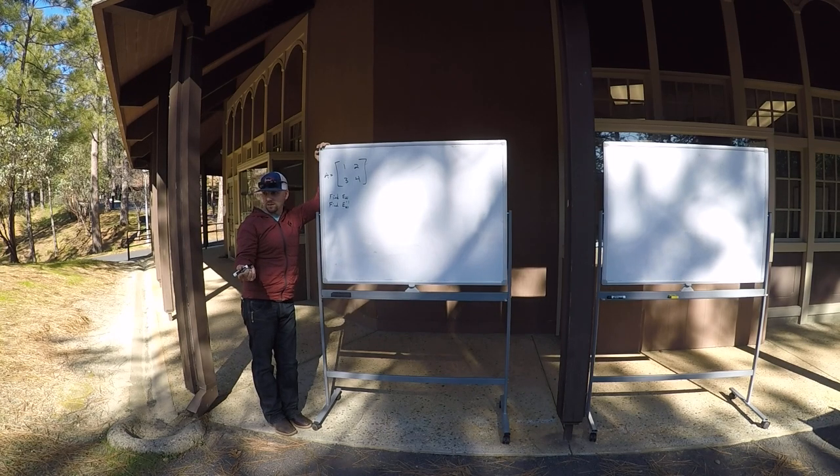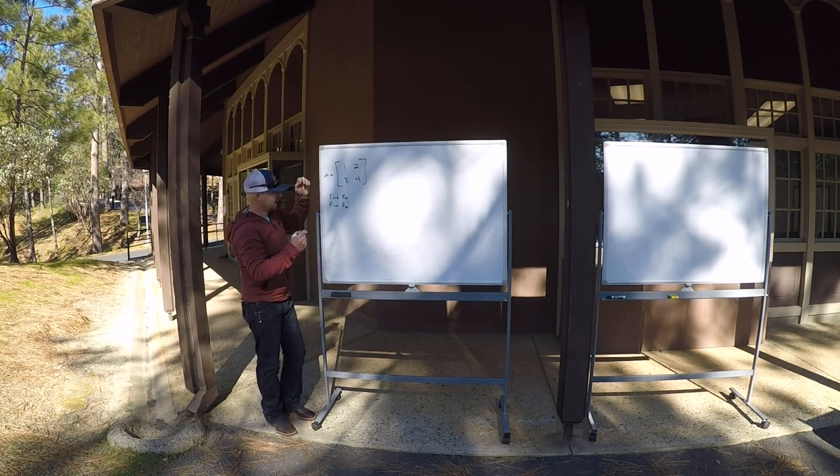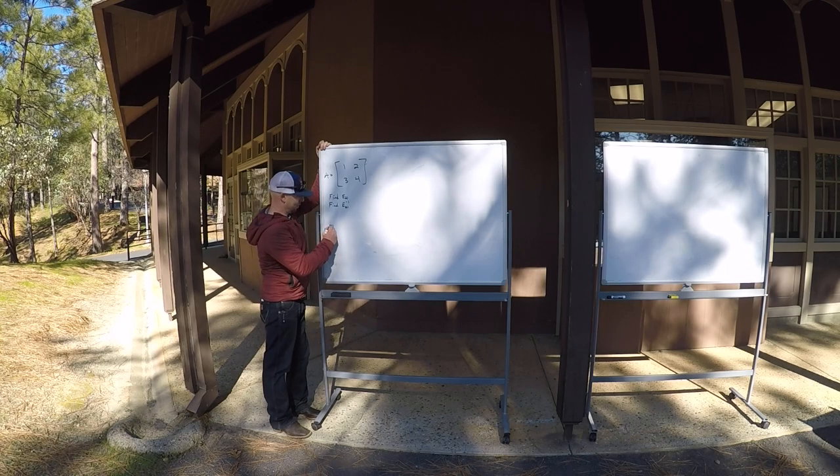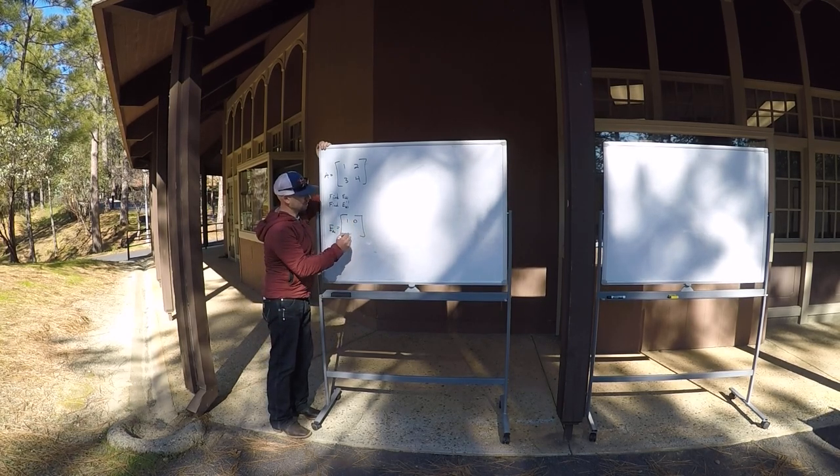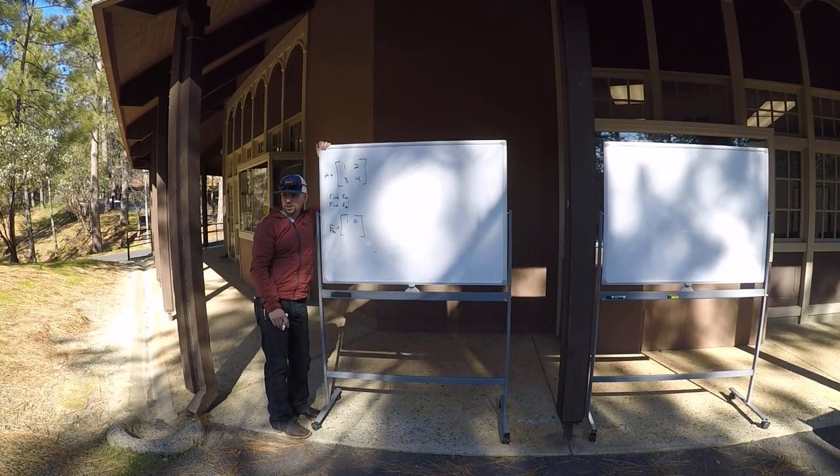Is everyone with that? Okay, so the way that E21 matrix is going to operate, what's it going to do to the first row? Nothing, right? I should leave the first row alone. So I'm going to put a 1, 0 in the first row of the E21 matrix. That's going to leave the first row of my A matrix alone.